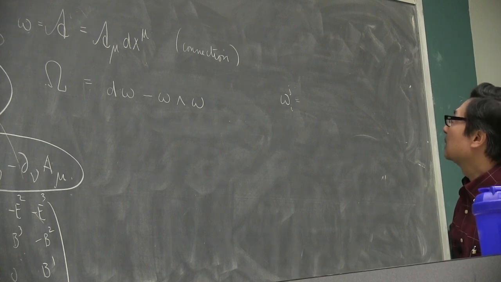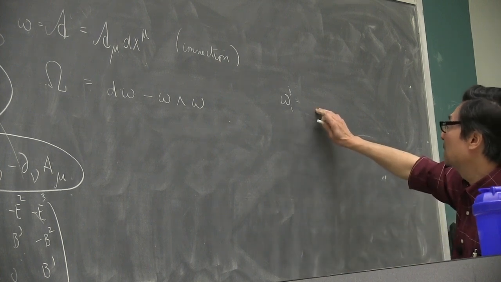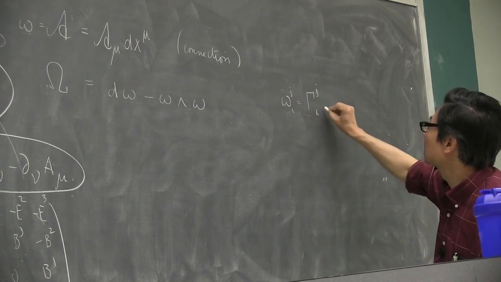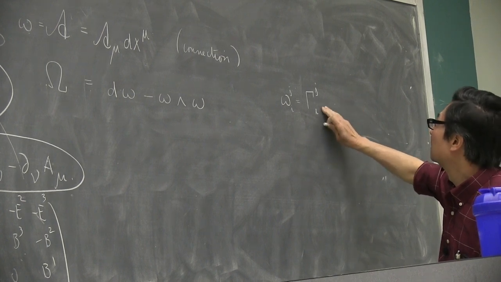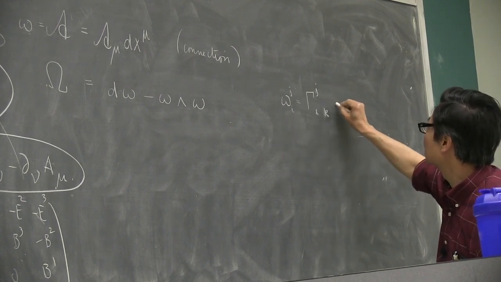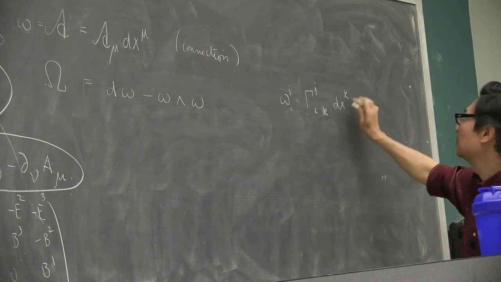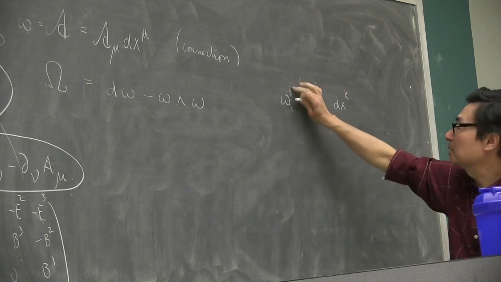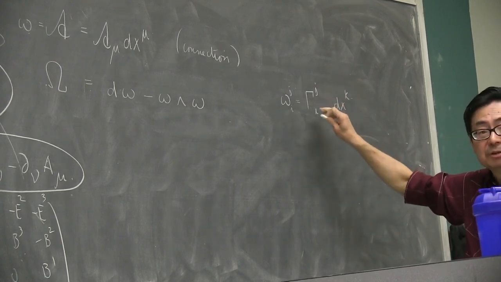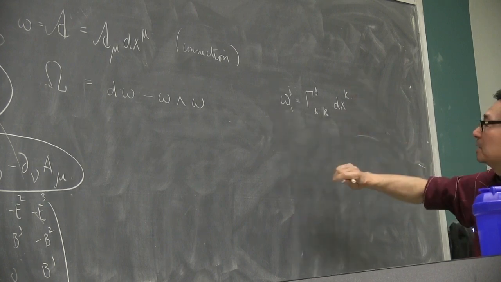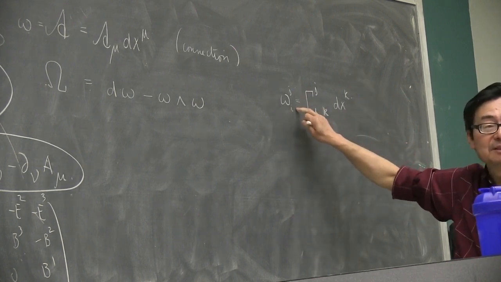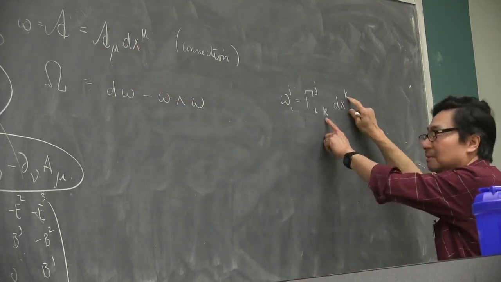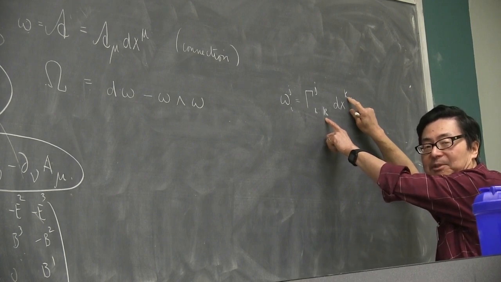Now this is a 1-form, so I can define this by introducing the Christoffel symbols, where you sum over k. So this is a linear superposition of differentials. The ij corresponds to this matrix characterization. In the special case when the fiber space is 1-dimensional, you don't need these 2 indices. That's when we revert to the situation where you just have the A mu. You see what's happening in here?